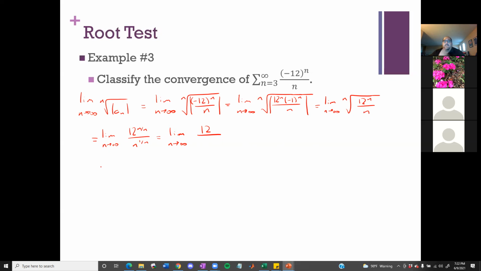And one thing I will give you for free, that you can use without really having to justify it, is this fact here. As n goes to infinity, the limit of n to the power of 1 over n is equal to 1.